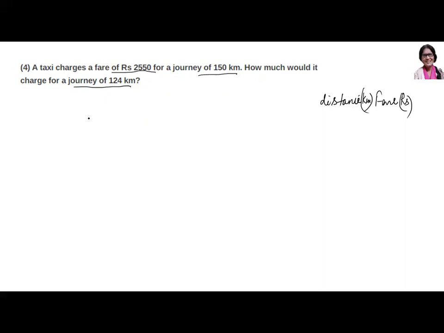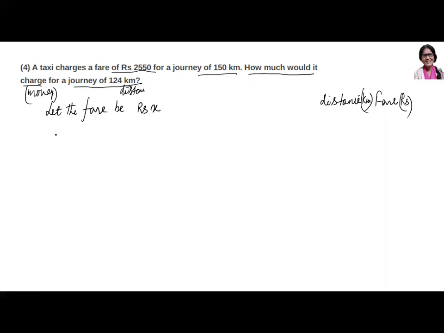So what I'll write, and what is not given: how much would it charge for a journey of 124 kilometers? That means distance is given here and money is asked. Fare is asked. So let us take the money as x. So let the fare be rupees x.